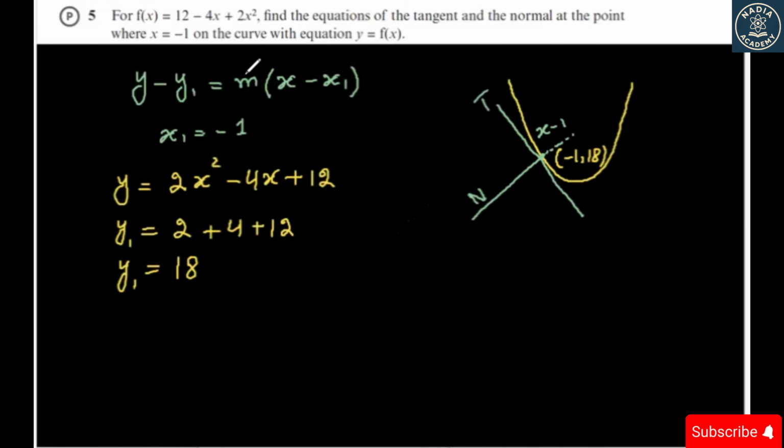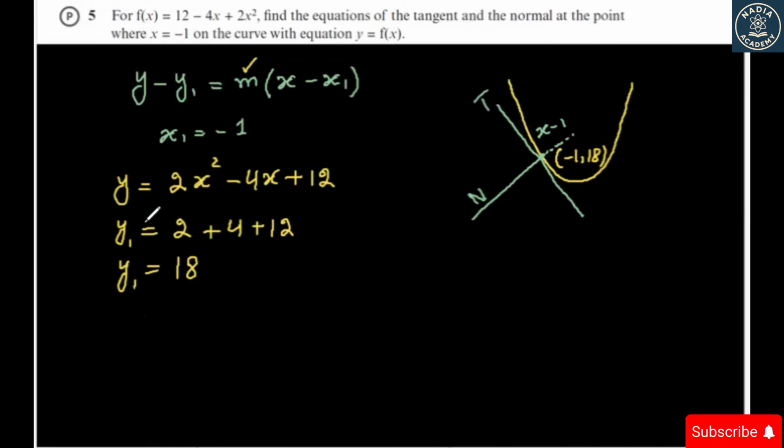Now we actually need to find the value of the gradient. We know that if we have this parabola and its equation is given, and we take its first order derivative, the first order derivative will be the gradient of this parabola as a function of x.